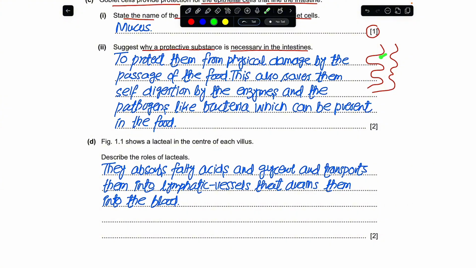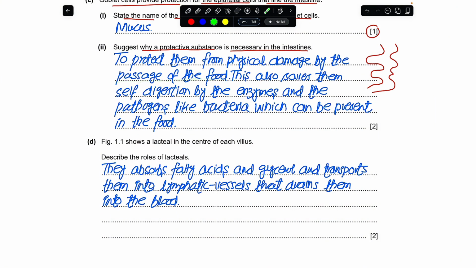So when the food comes in contact with the small intestine, this can damage the inner cells of the small intestine. This is something we don't want. Now, in order to crack 2 marks, we would say that the presence of this protective substance, mucus, would save our small intestines from physical damage, which can be due to the movement of the food.